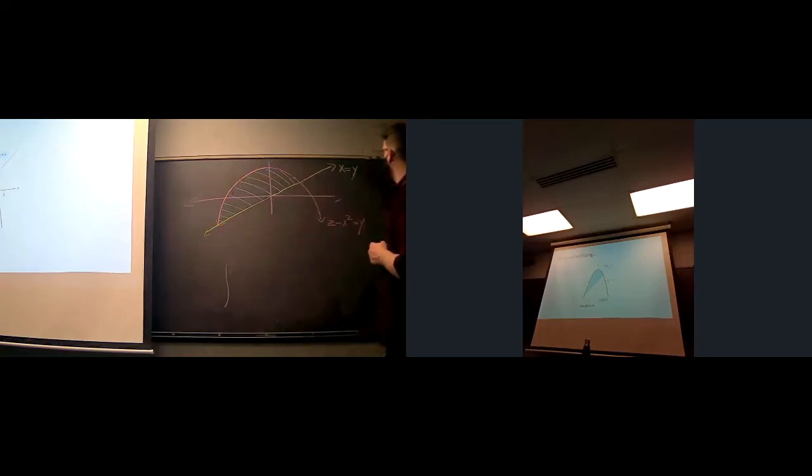Okay, so first, let's just set up the integral. We know the integral is going to be the integration of, well, it looks like this is our largest function, right? So it looks like it's going to be something like 2 minus x squared minus x dx.